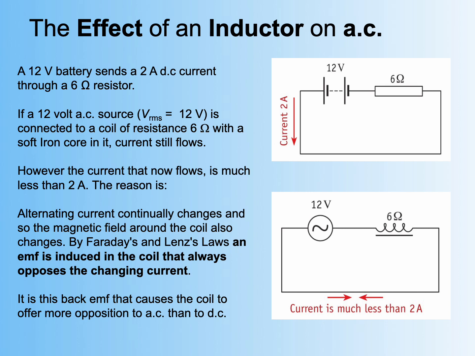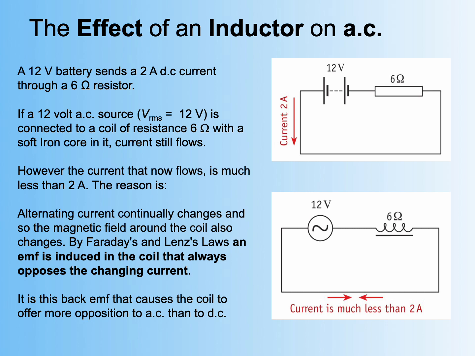So this will create a back EMF, and it causes the coil there to offer more opposition. So we'd have more opposition to AC than DC here in that second circuit.